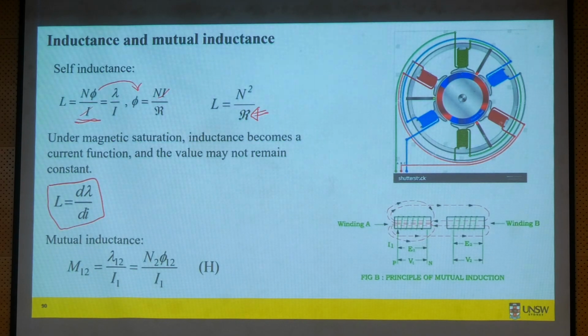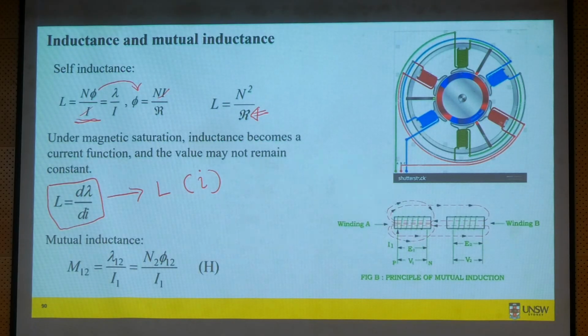And if we have saturation, then the inductance is no longer constant. So with saturation, your inductance will become a function of current. Okay? Higher the current, lower will be your inductance. So inductance becomes no longer a constant value when you have magnetic saturation.